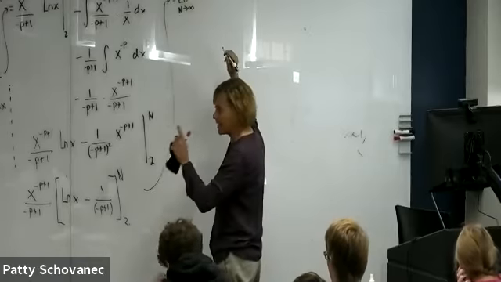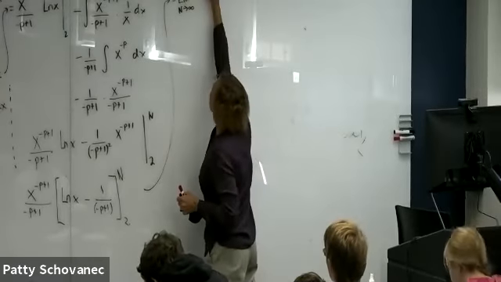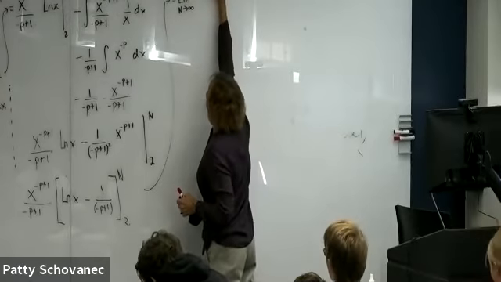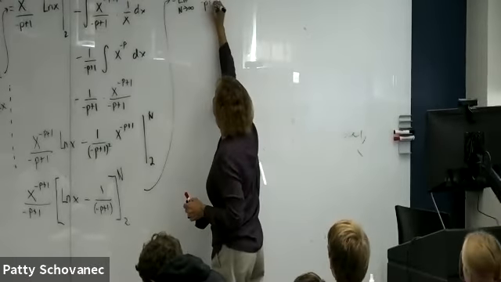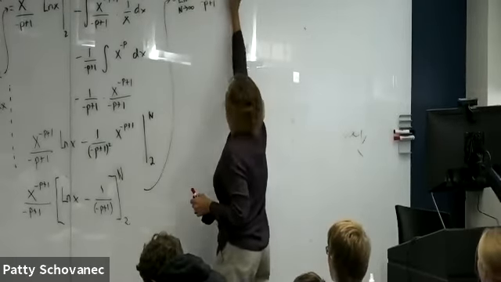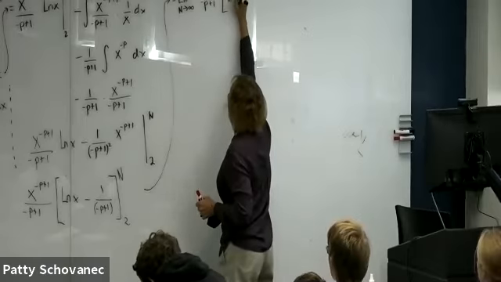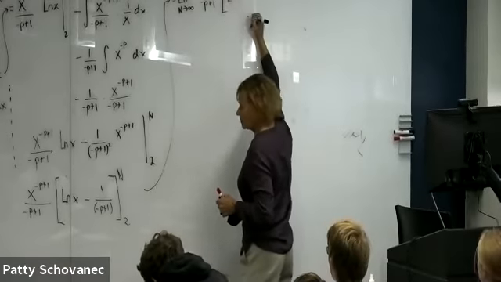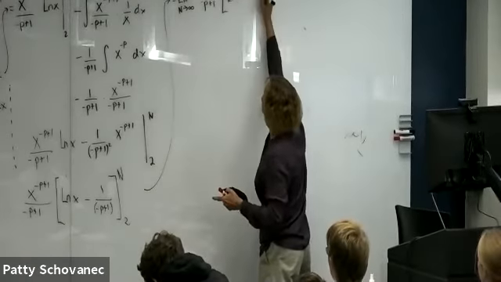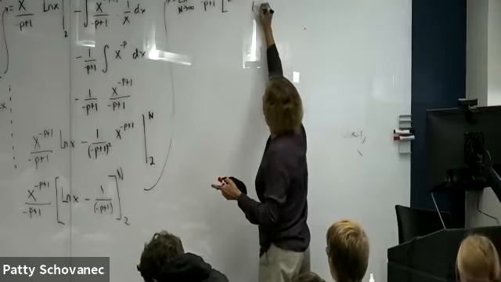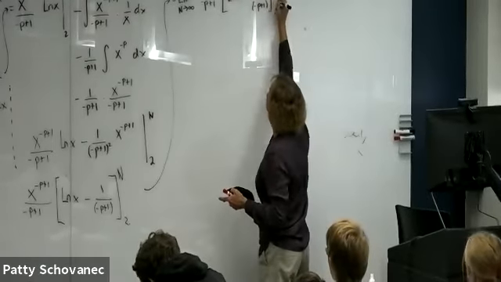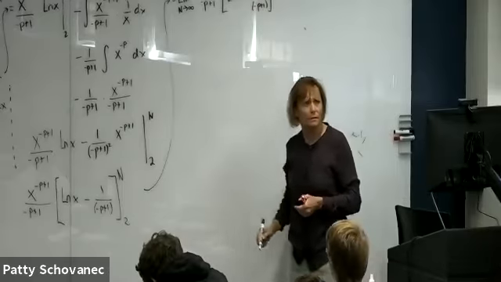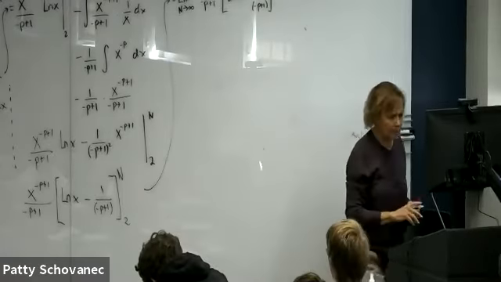Okay, so x becomes n. So we have n to the minus p plus 1 over minus p plus 1, times the natural log of n minus 1 over minus p plus 1, minus, oh, go up a bit.